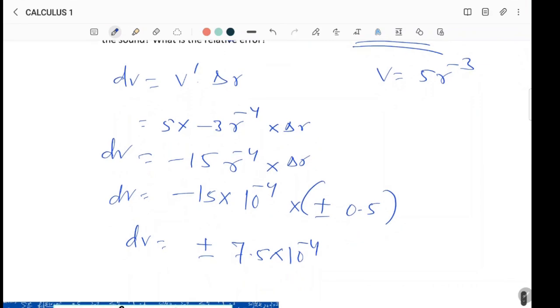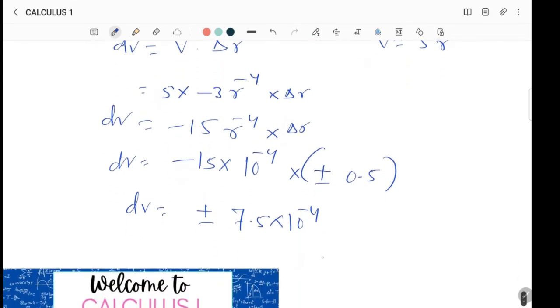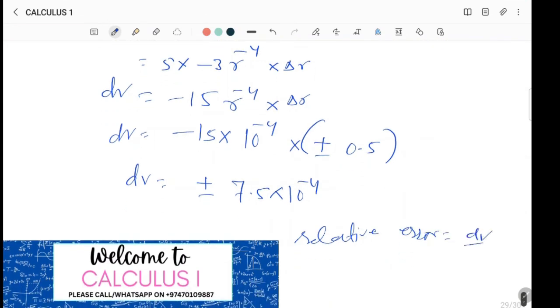Okay, so that much we will get, and relative error will be dv over v times 100, plus minus 7.5 times 10 to the power minus 4 over v.